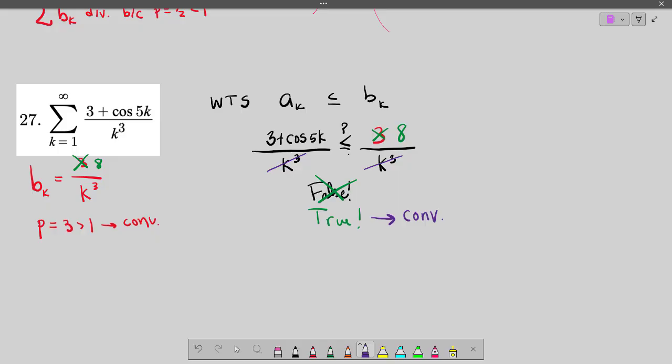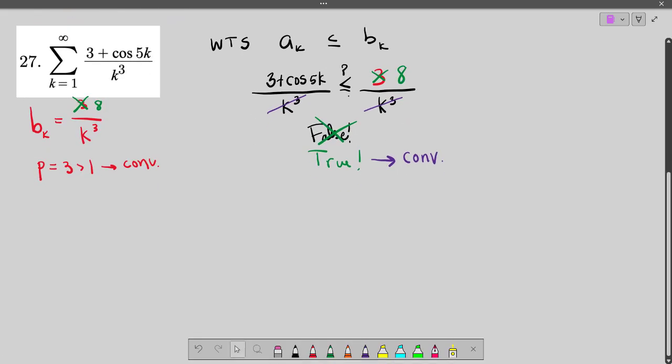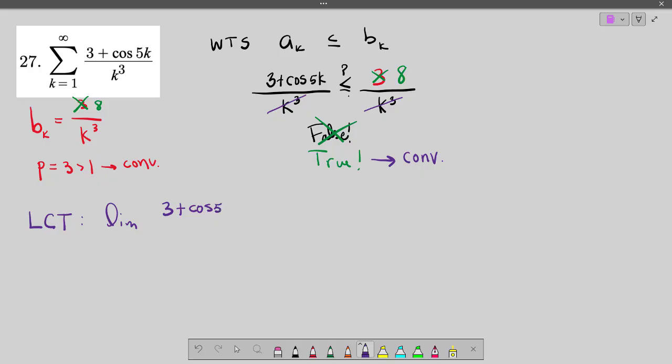Let's do this one with limit comparison just to see how it would play out. So if we went to the limit comparison test, we would take the limit of a sub k as k goes to infinity.